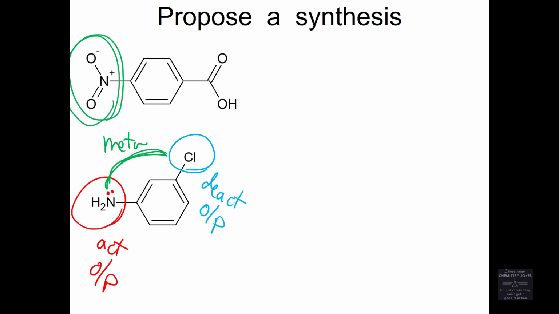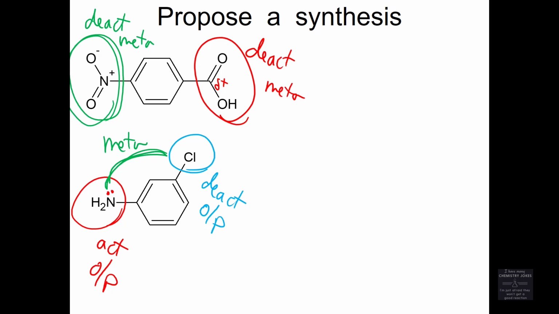Here's a group. It's got a legit positive, so it's a deactivator. It's a meta. Okay. And this one, it's got a partial positive, so it's a deactivator. It's a meta. And the relationship to each other is that they are para. Put the para director on.